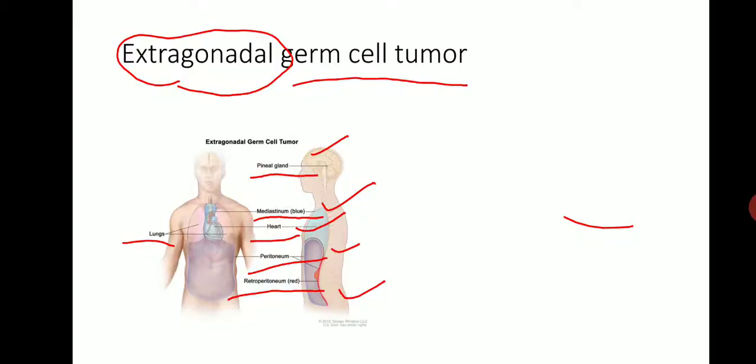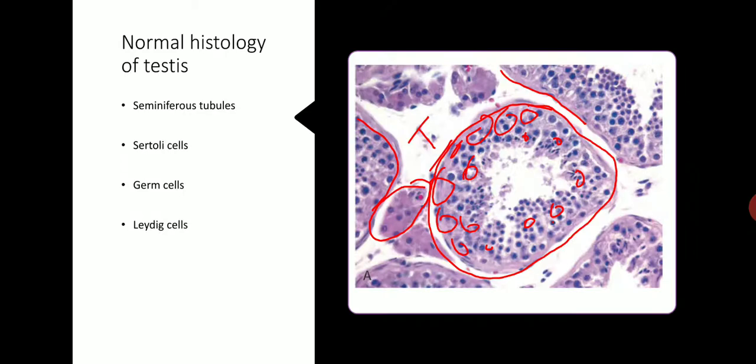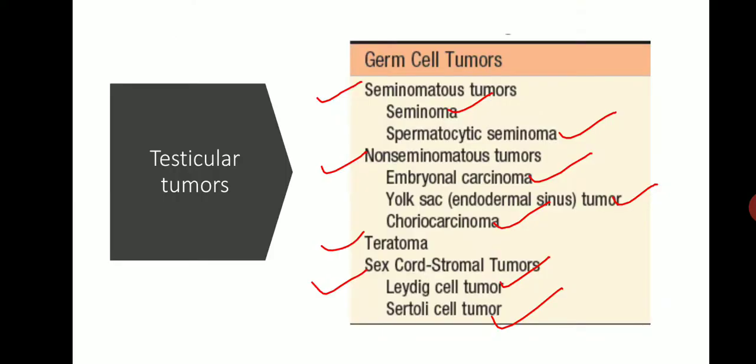So this brings us to the end of our discussion on testicular germ cell tumor. Let me take you through it again. The germ cell tumors are the most common tumors of the testes. They are classified as seminomatous, non-seminomatous, teratomas and sex cord stromal tumors.